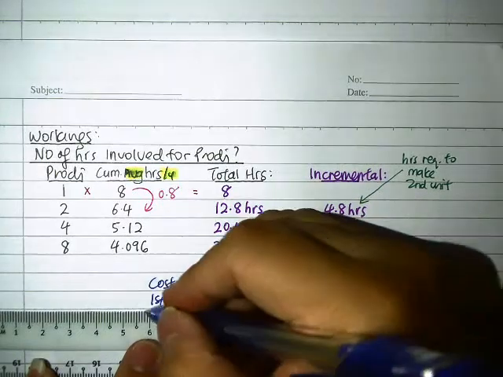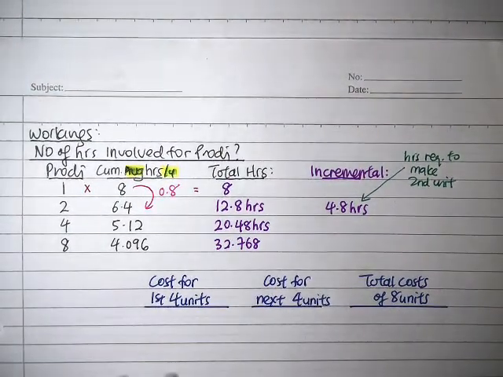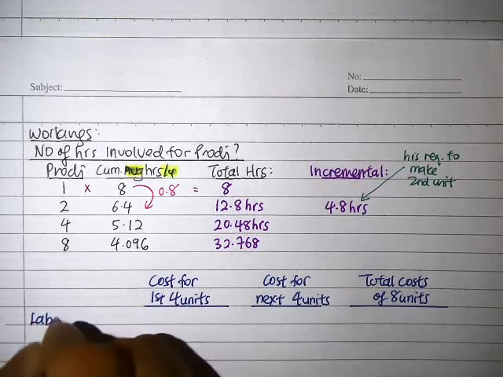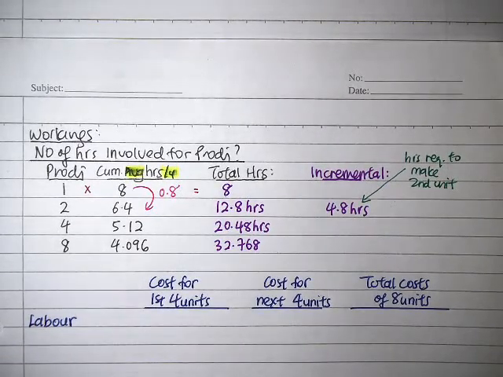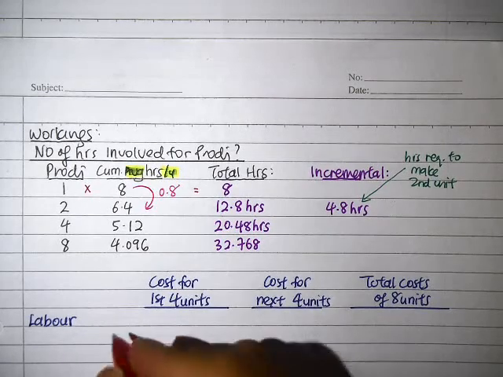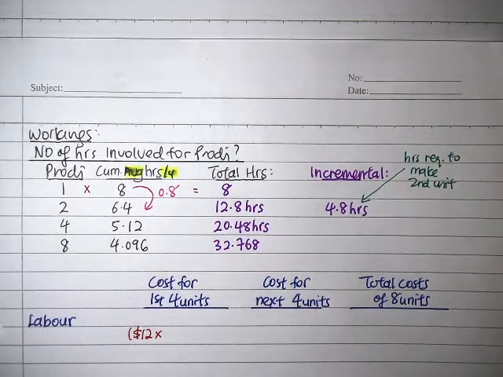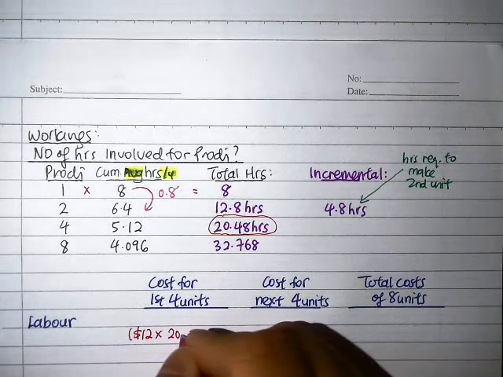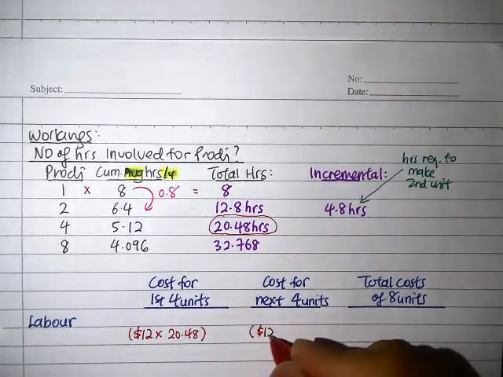Now we need all these for the answers later on. Alright, now in terms of the labor, I'm told that the labor will cost $12 an hour, and to make the first 4 units, hours involved is 20.48.